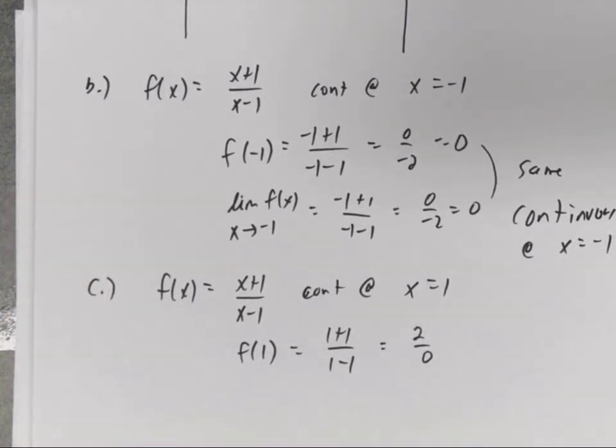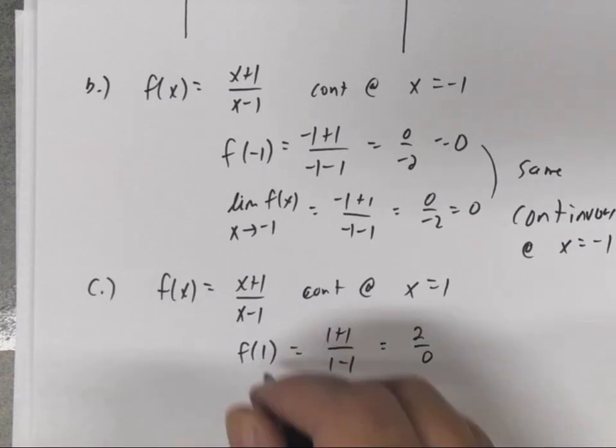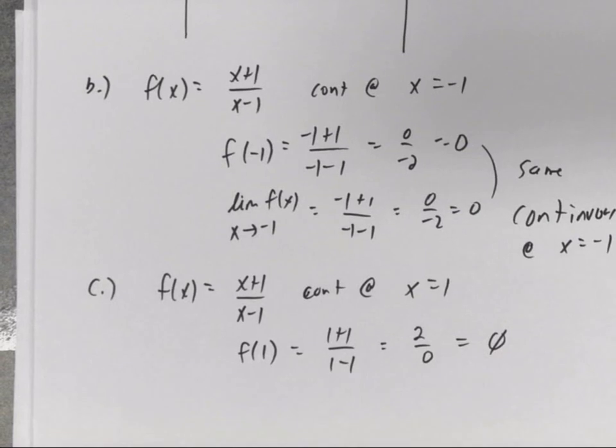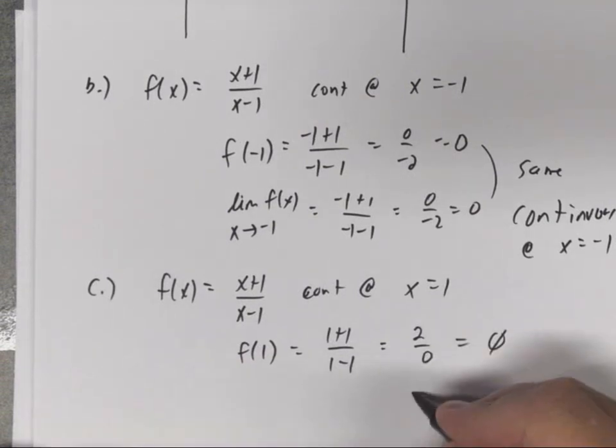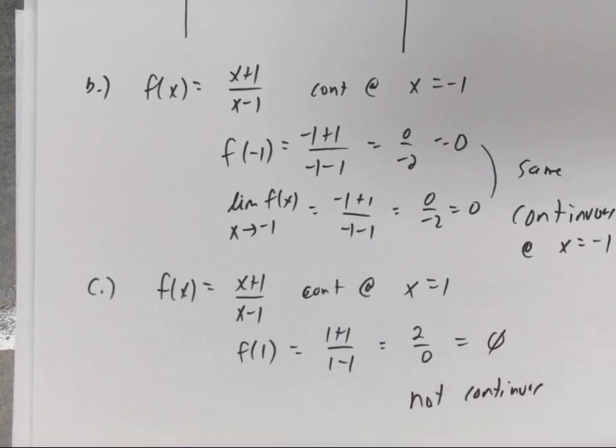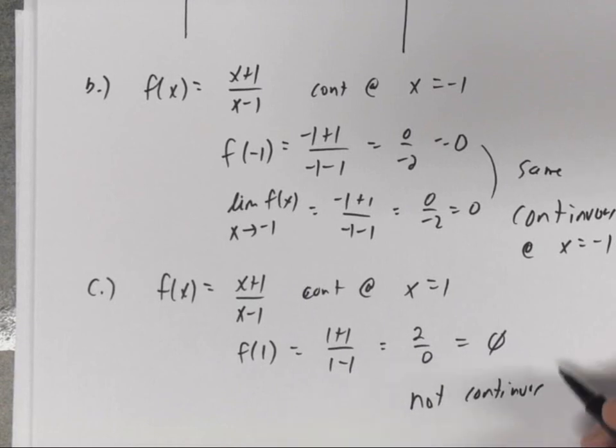I don't even need to do anything else because obviously my function is undefined. I'm checking to see if my function equals the limit of the function, but it doesn't really matter. This is undefined. So it's not continuous at x equals 1. All right, so that's checking continuity.